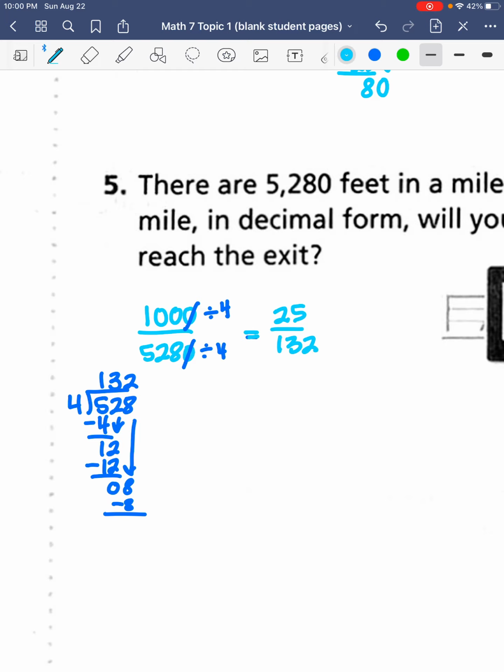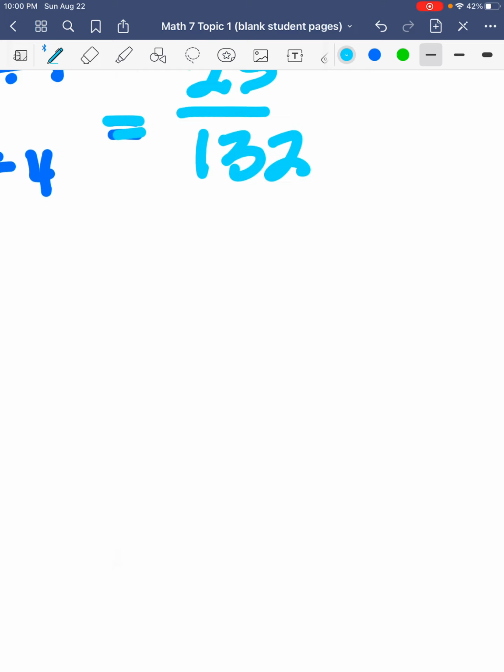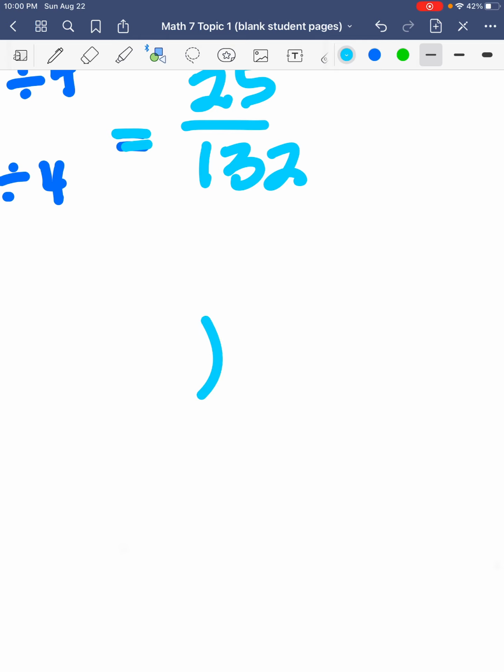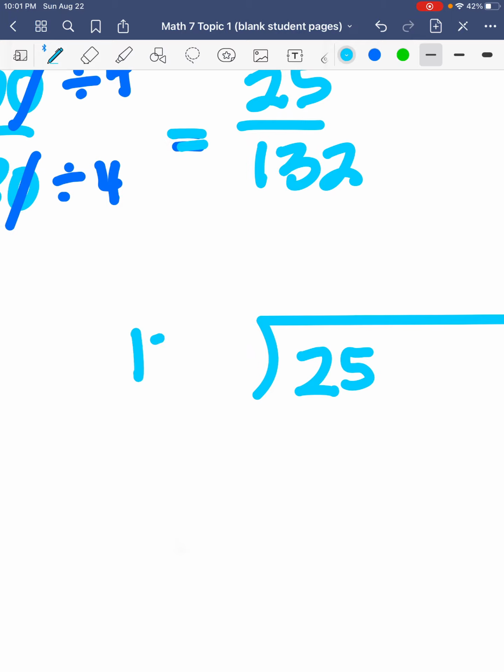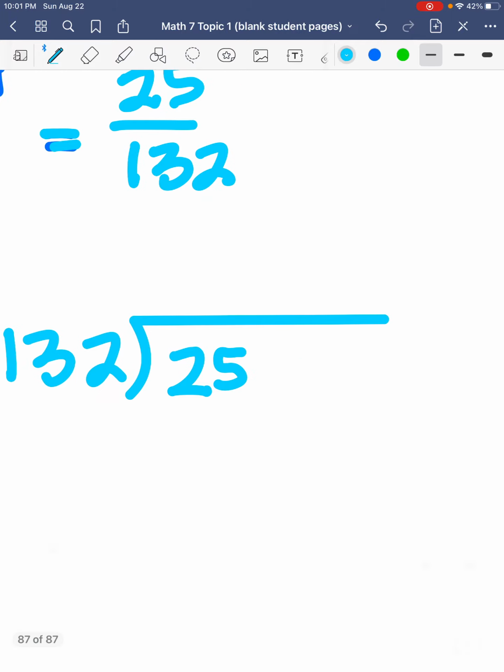So I'm going to use those numbers to divide. So we're going to set up our division bracket here, and we're going to put our numerator inside and our denominator outside. So can 132 go into 25? Well, nope, it cannot. So I'm going to add a decimal and a 0.